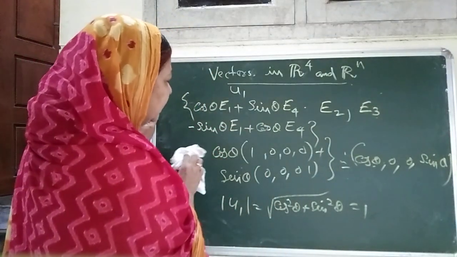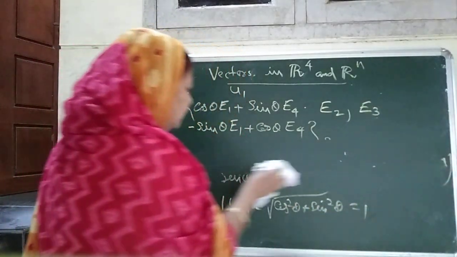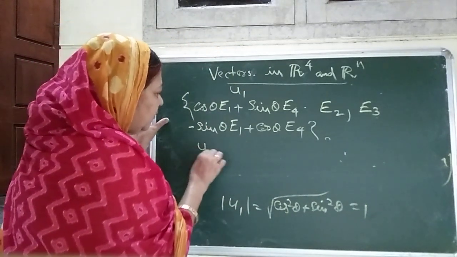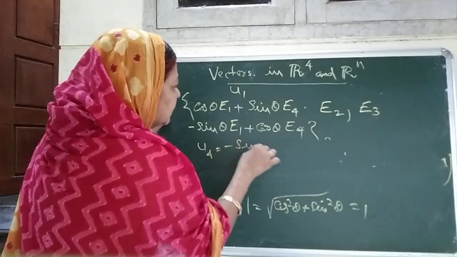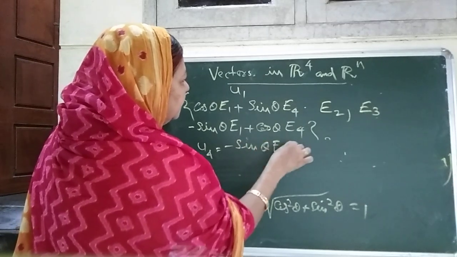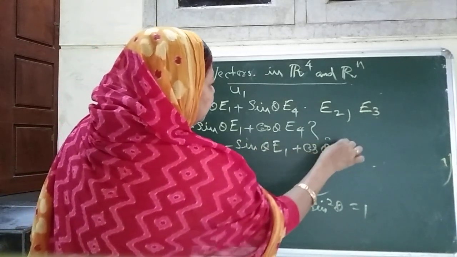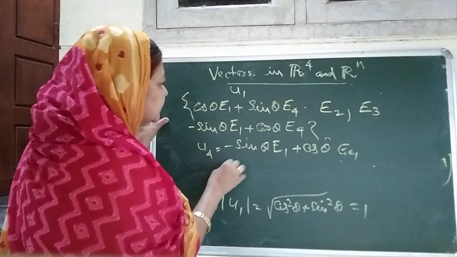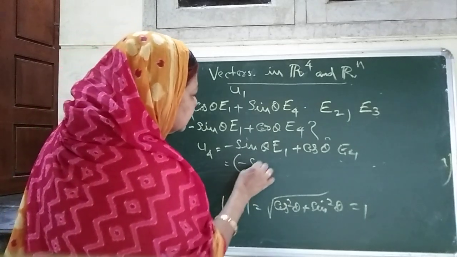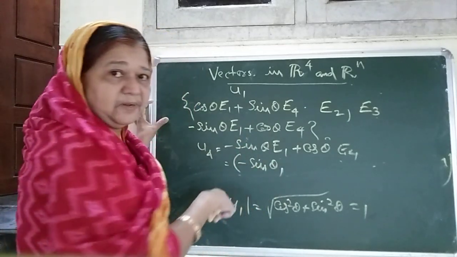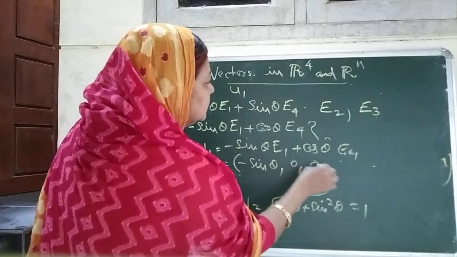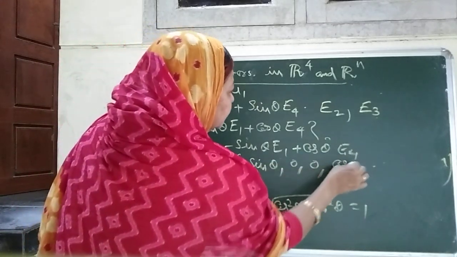Then we check U4, which is U4 equal to minus sin theta E1 plus cos theta E4. That is equal to minus sin theta, just as in the previous case, 0, 0 and cos theta.